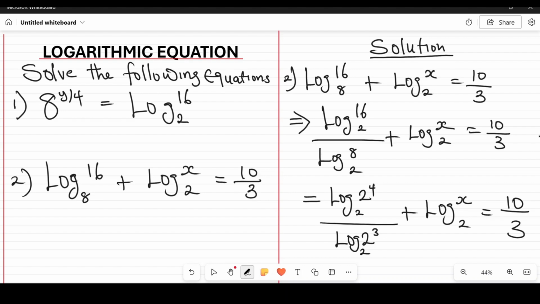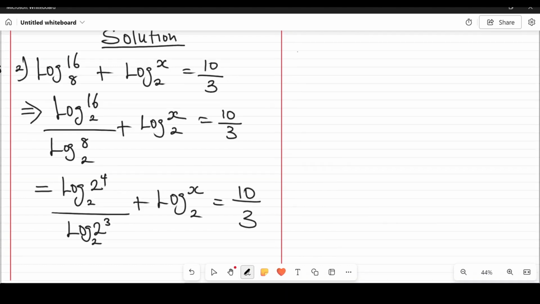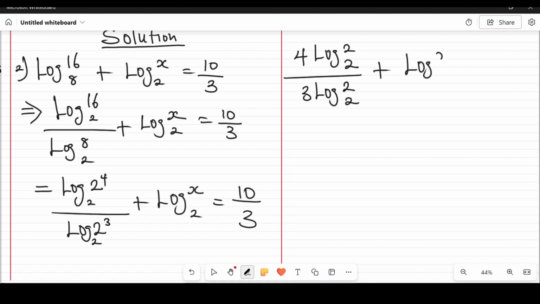Now from our index law of logarithm, we can express this equation further as 4 multiplied by log 2 to base 2 divided by 3 multiplied by log 2 to base 2 plus log x to base 2 equals 10 divided by 3.